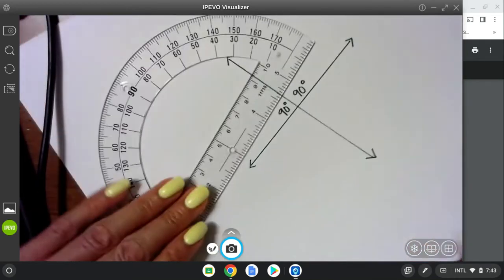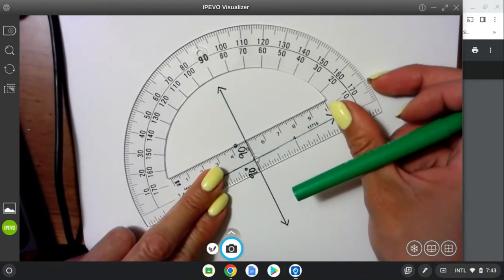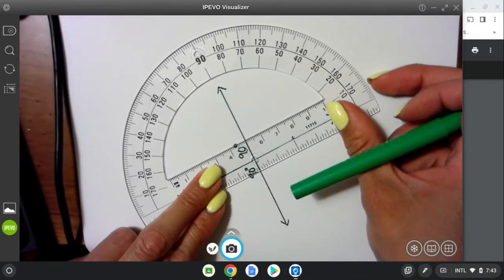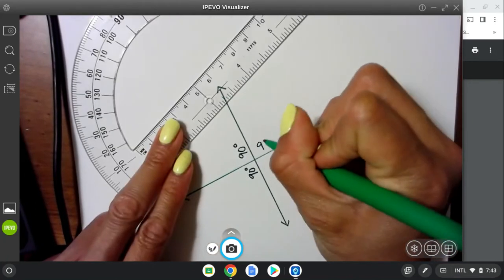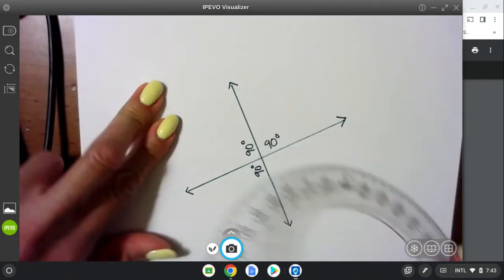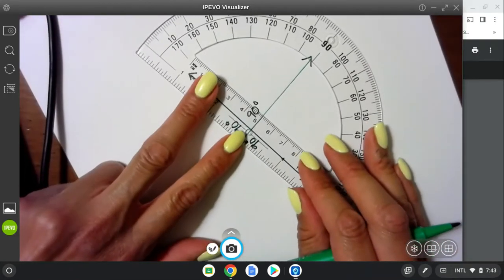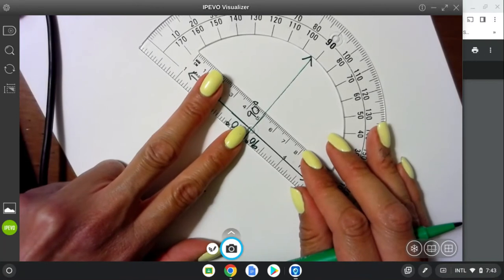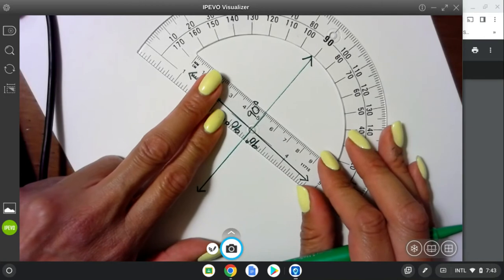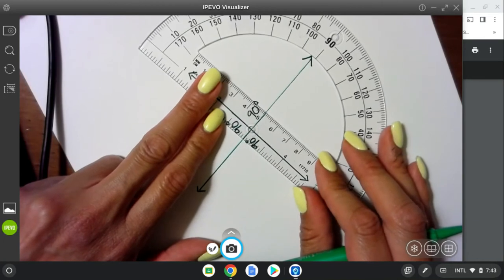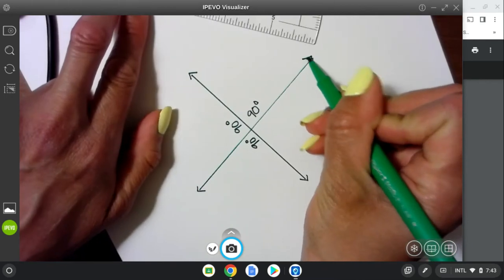If I turn my paper around, this angle also measures 90 degrees. And adjacent to it, if I turn my paper around again, it is also going to measure 90 degrees.